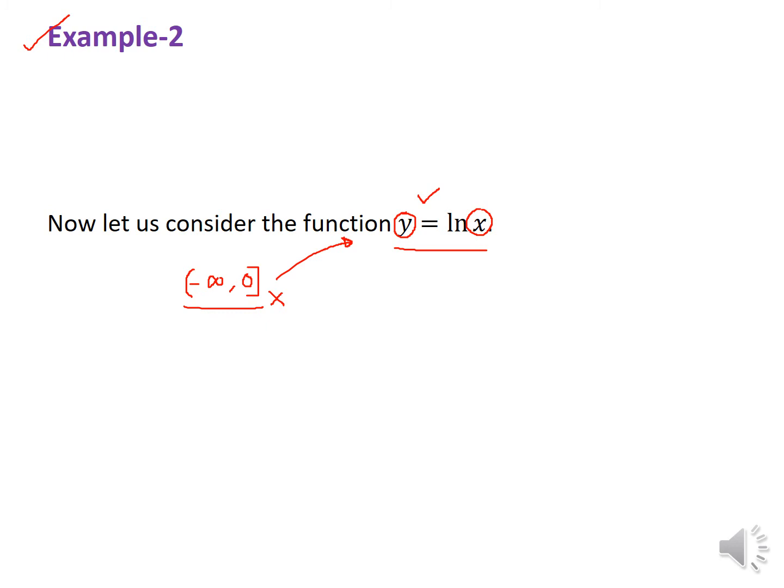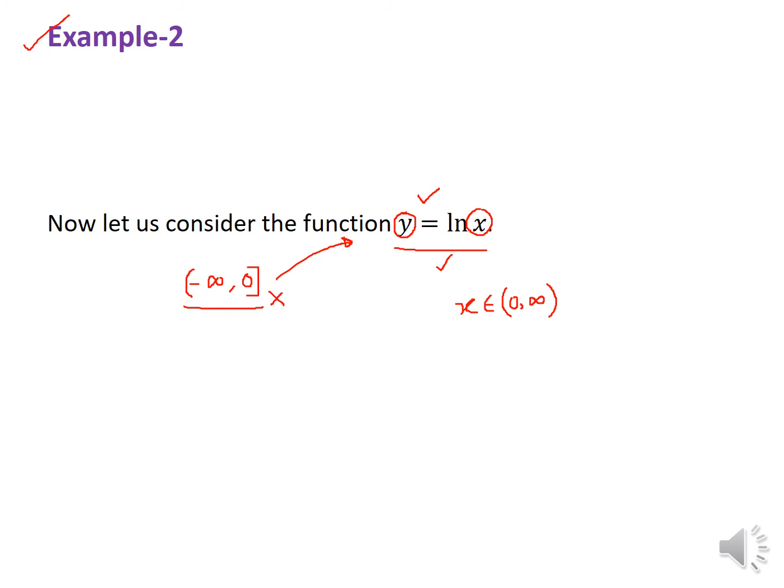But for any positive value of x, y equal to ln x will be defined. That means if x belongs to 0 to infinity, the function y equal to ln x will be defined. You can also use your calculator to verify this.